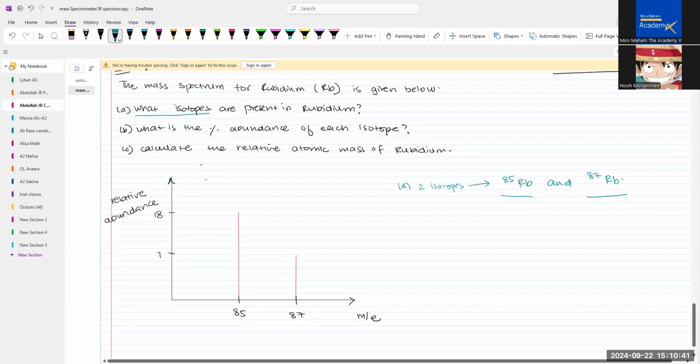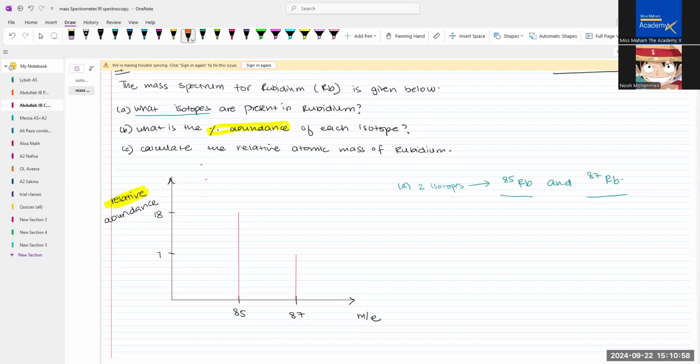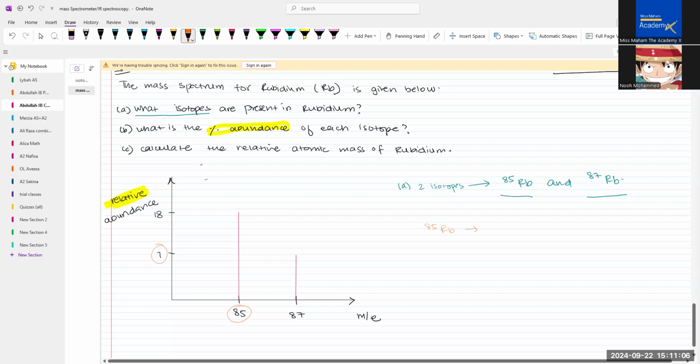Part B asks, what is the percentage abundance of each isotope? They're asking us the percentage abundance. And what do we have on the y-axis? Relative abundance. Exactly. So from the relative abundance we can see that rubidium 85's abundance is 7, and rubidium 87's abundance is 18. And the total abundance of both of these combined is 18 plus 7, which is 25, right?